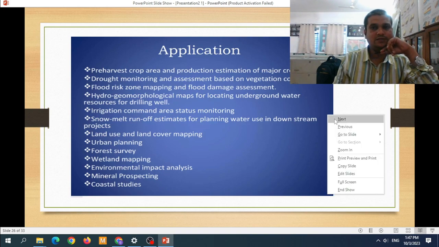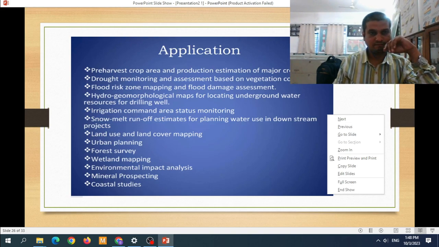Then the applications: estimation based on vegetation condition, flood risk zones, hydrogeomorphological maps, locating underground water resources for drilling wells, irrigation command areas, land use and land cover mapping, urban planning, forest survey, wetland mapping, environmental impact assessment, mineral prospecting, and coastal study.